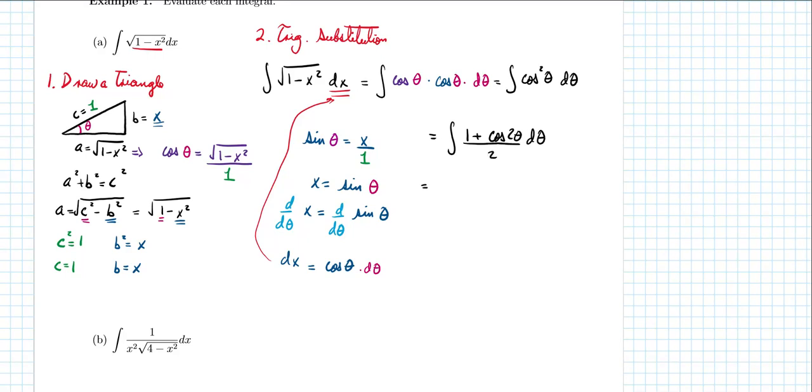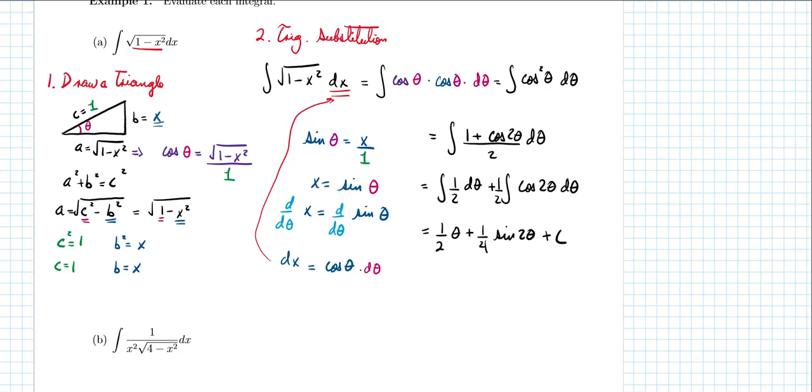So this one here is going to give us the integral of 1/2 d theta plus 1/2 times the integral of the cosine of 2 theta d theta. Performing the integral here, we're going to have 1/2 theta plus 1/4 times the sine of 2 theta plus c.